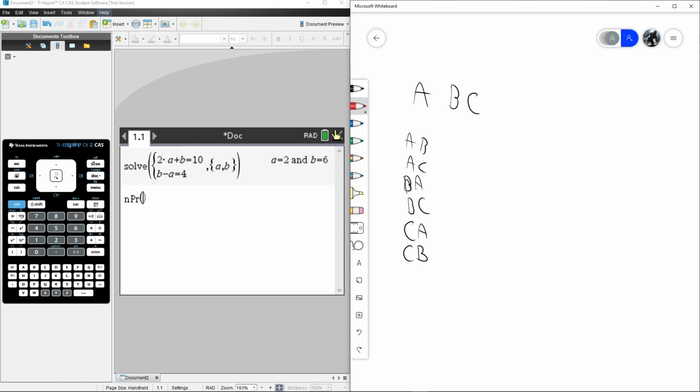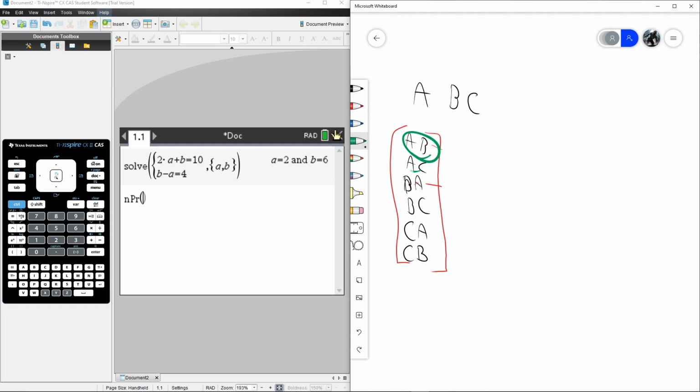In permutations, all of these would be considered valid. However, with combinations, AB is equal to BA, because they both have B and A. So combinations treats them as equal regardless of their order. Permutation preserves the order.